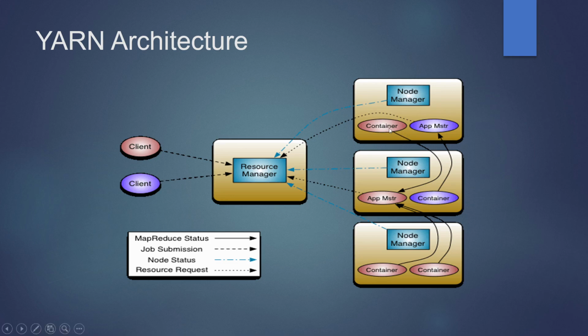These containers will submit the status of the jobs to the application master. Here the application master will register itself to the resource manager. This is how the flow of a YARN application will be.